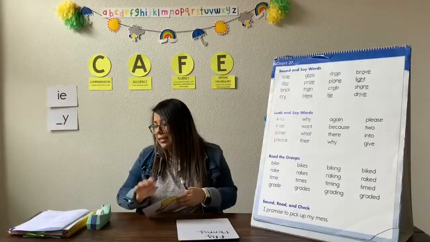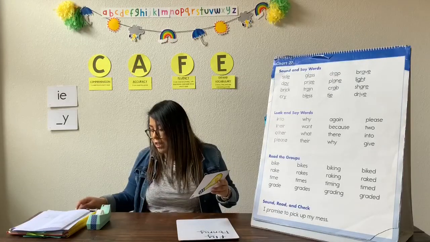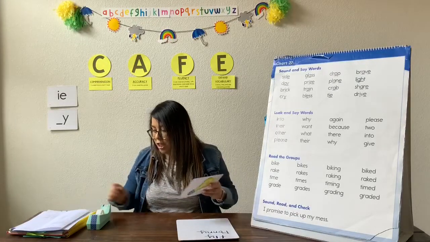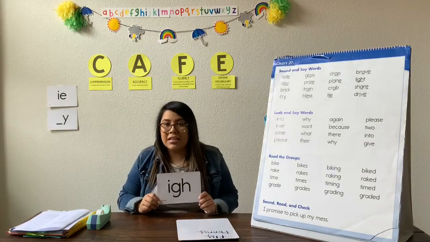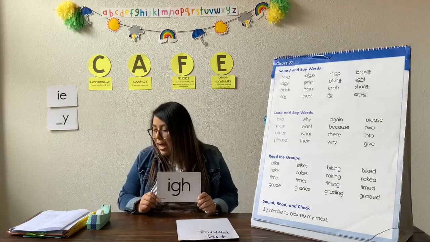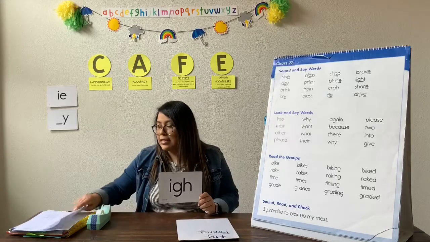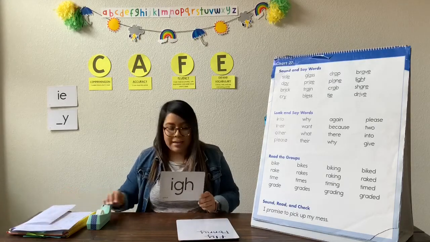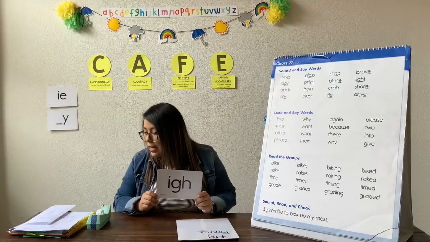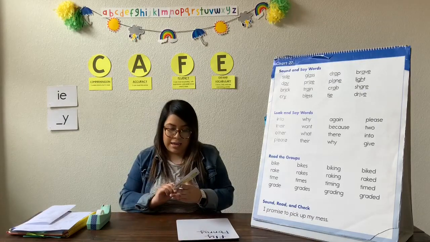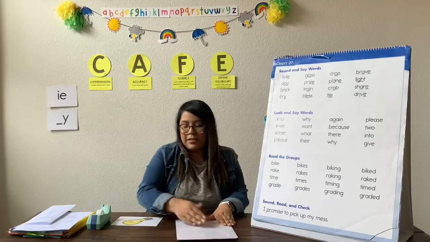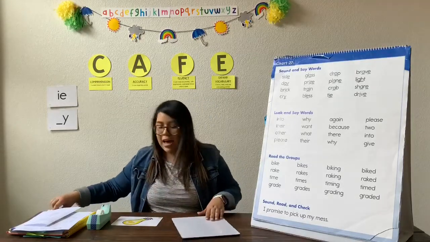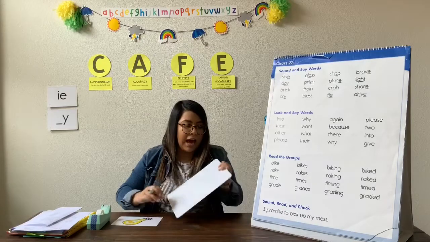And our last one for today is going to be IGH. And IGH usually says the long I sound at the end of a one-syllable word, like in high. So it makes the long I sound as in high.